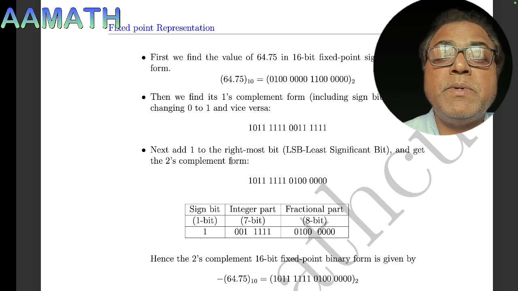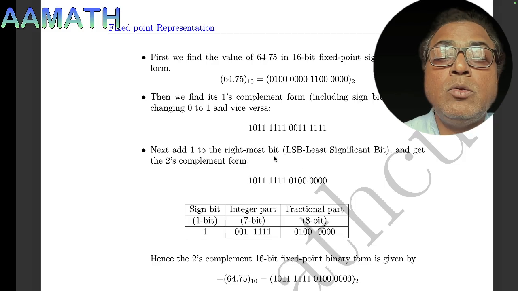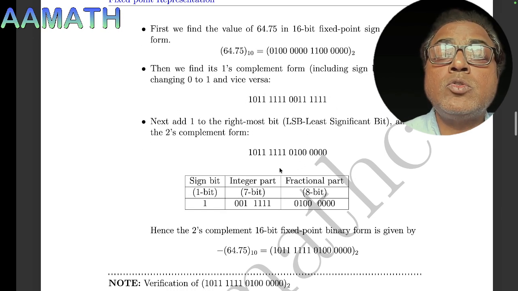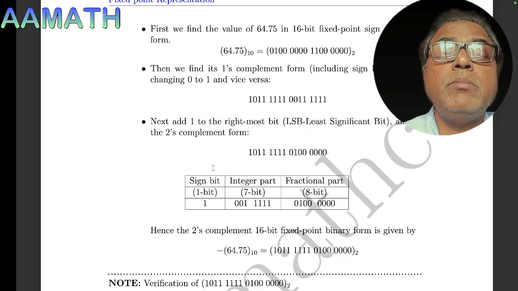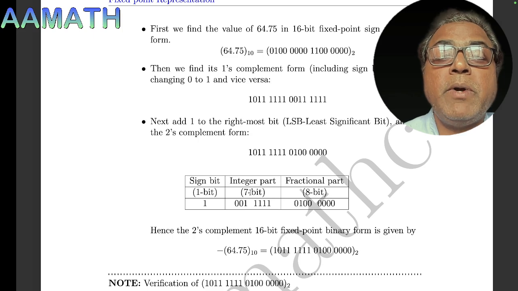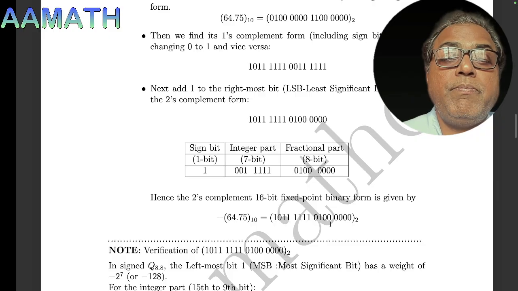Actually, this represents the negative, minus 64.75 to the base 10, in two's complement form. So in two's complement fixed point binary representation, the sign bit is this 1, which means negative, the integer part is these 7 bits, and this is the fractional part. And this is the minus of this.